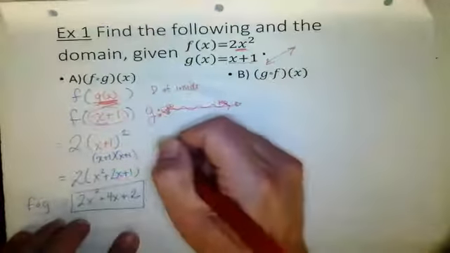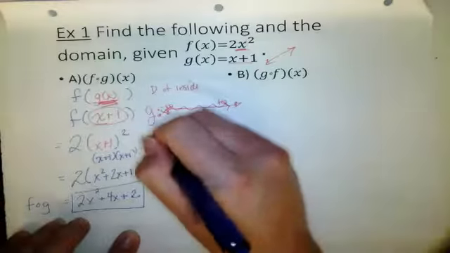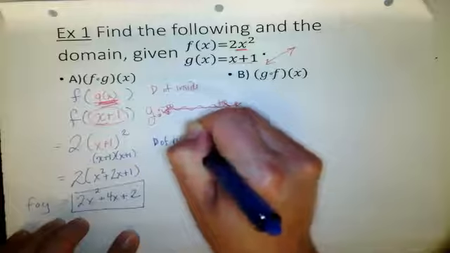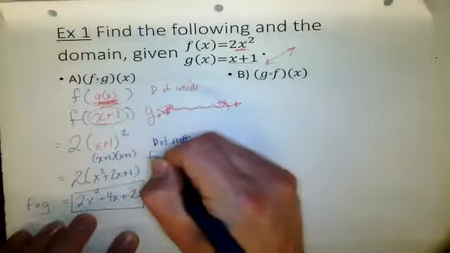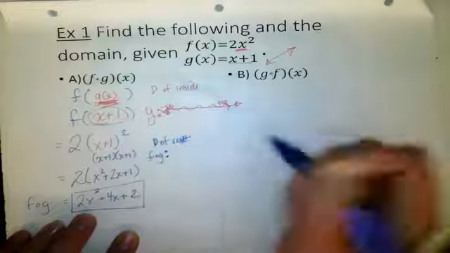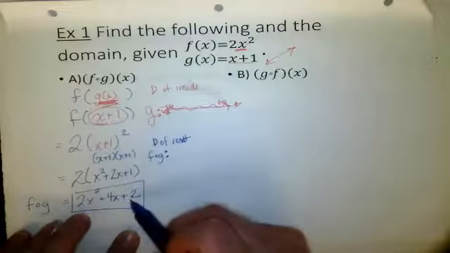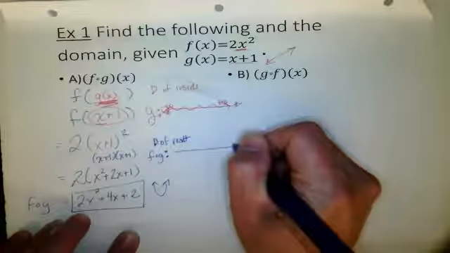And then we also need to compare that to the domain of the result. I'll write that in blue. Domain of the resulting function. This is my result right down here, f of g. What shape is this function? Parabola. Right, what's the domain of a parabola?